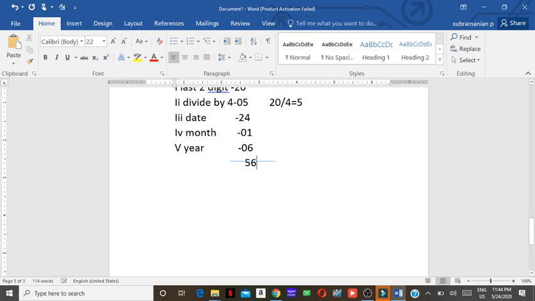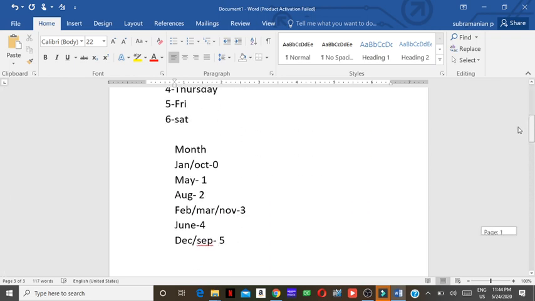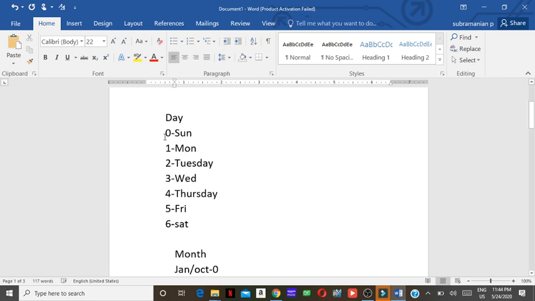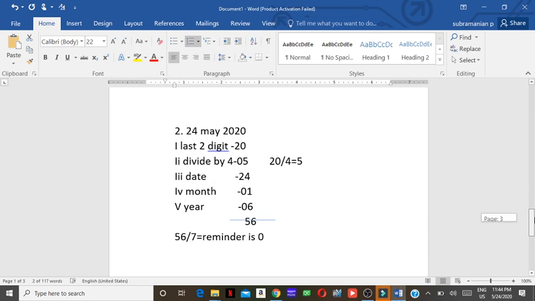You already know 56 divided by 7, you have to take the remainder. The remainder is 0, and 0 is represented as Sunday. So 24th May 2020 is also Sunday. So the answer is Sunday.